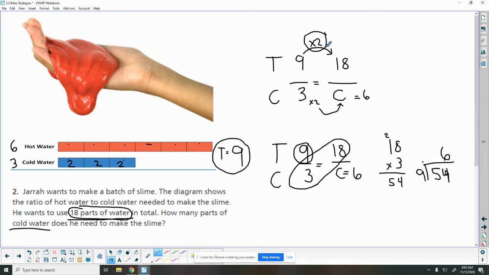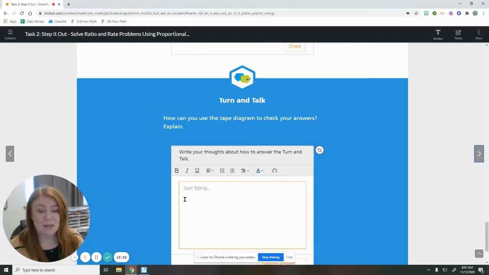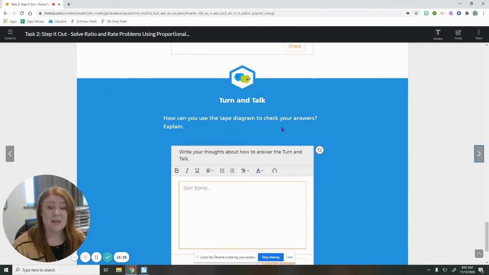So whatever we multiplied by, if we put that number here in each box, it should add up to our answer. So I said I needed 2 of everything, and 3 times 2 is 6, 2, 4, 6. So explain to me how we could use our tape diagram to check all of our proportions there. So when you are done with task 2, go ahead and come back and let's do task 3.